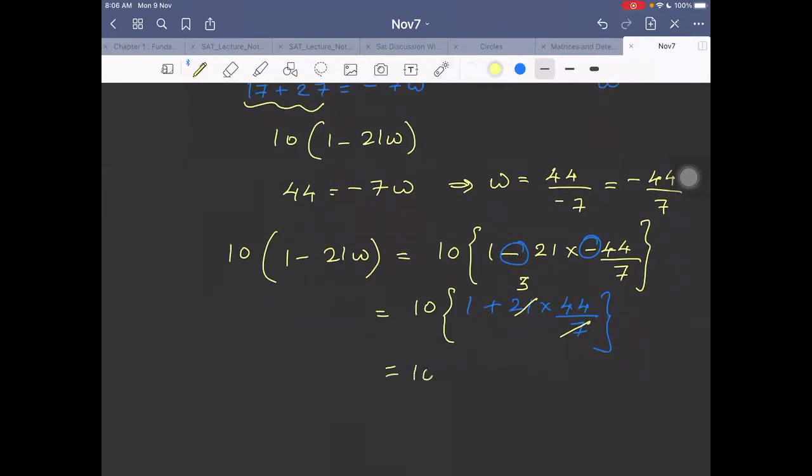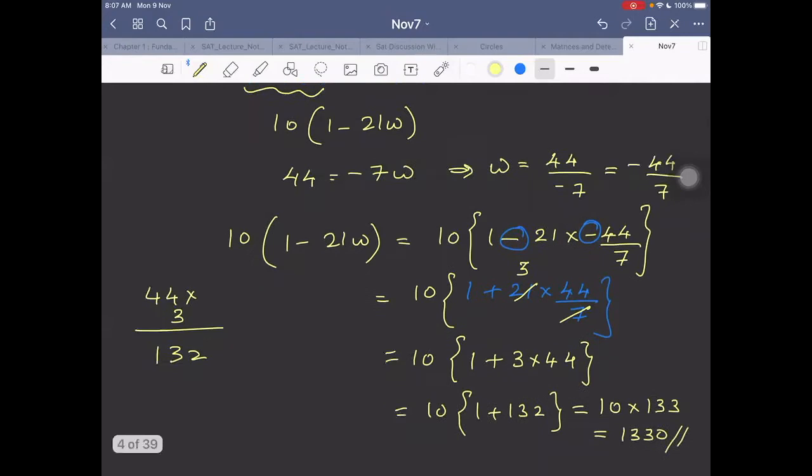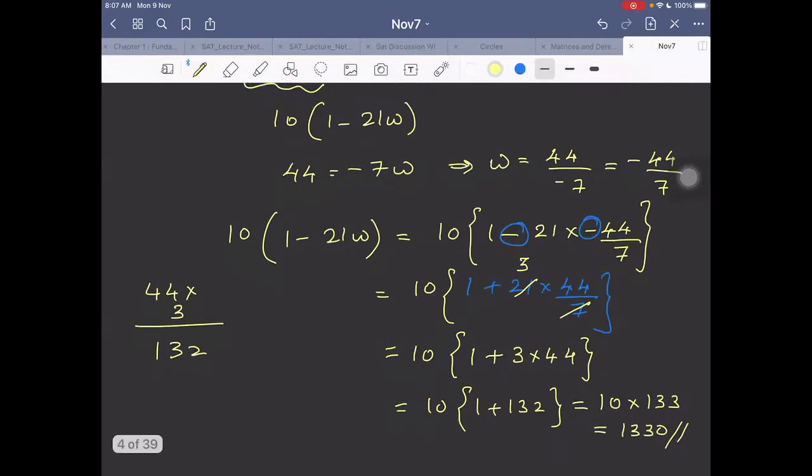So that is 10 into 1 plus 3 into 44. 3 times 44 is going to be 132. So this is 10 times 1 plus 132. This is 10 into 133, which is 1330. Is this fine?